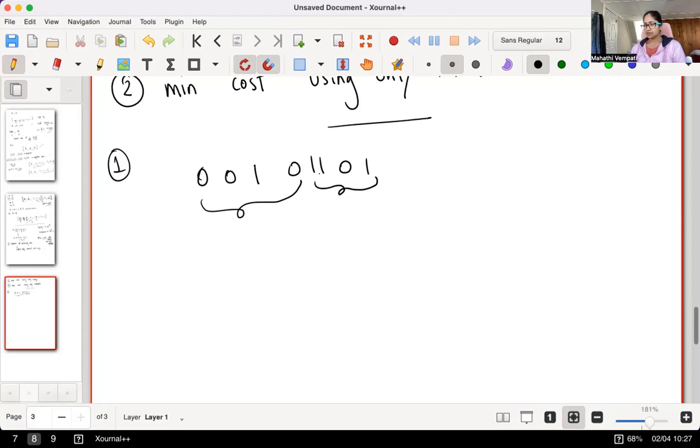I think the number of swaps is equal to the number of inversions. I think you can prove that. One is fine, zero, so that's one inversion. This is fine, this is fine.